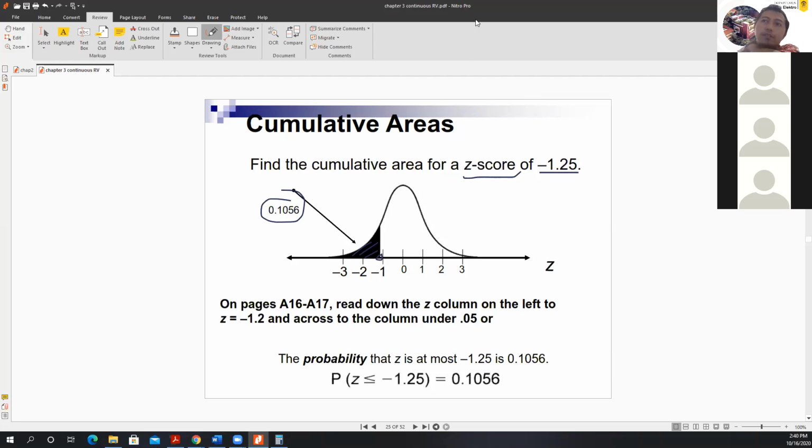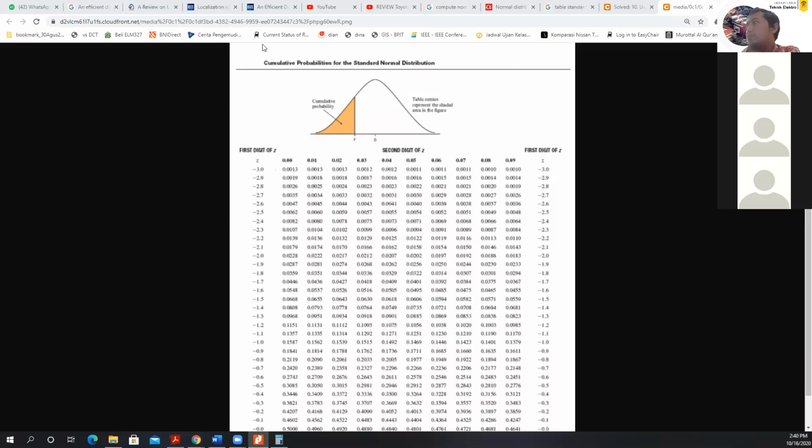We still have the table. So the Z score, you remember, is minus 1.25, right?